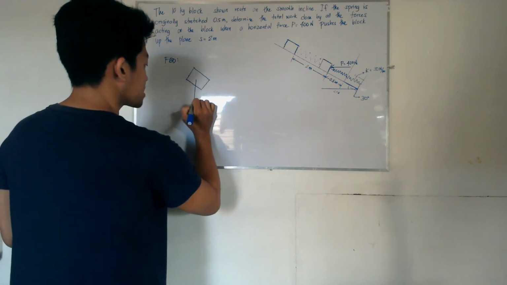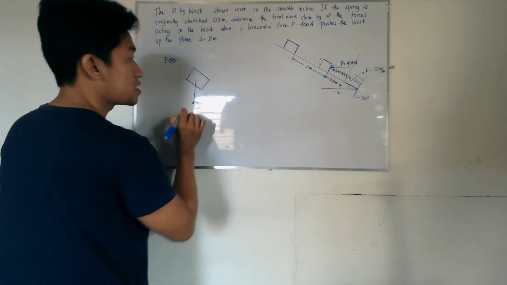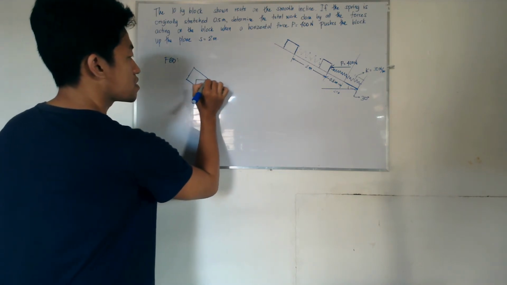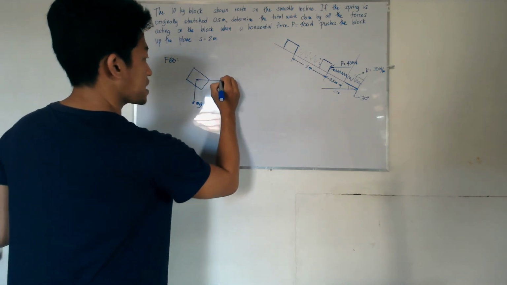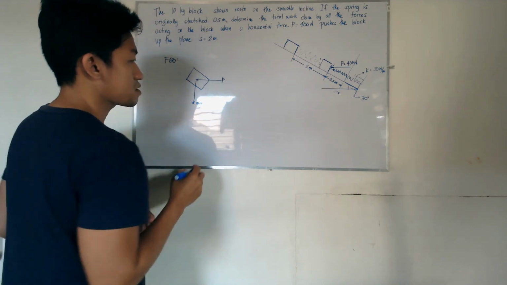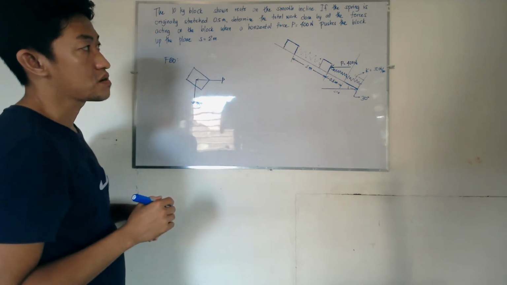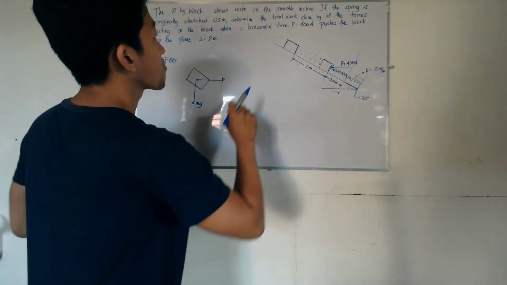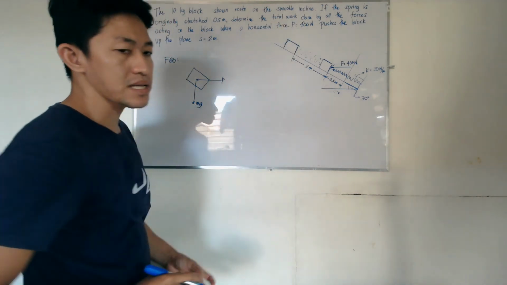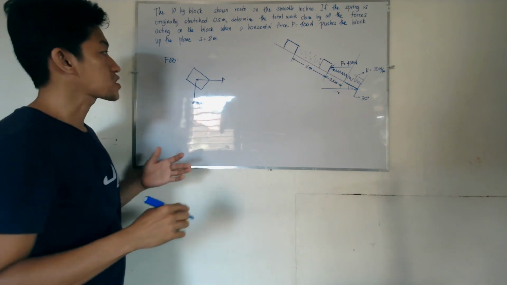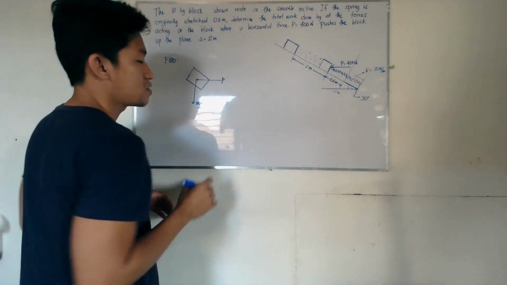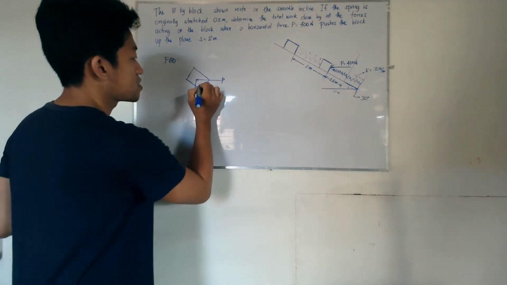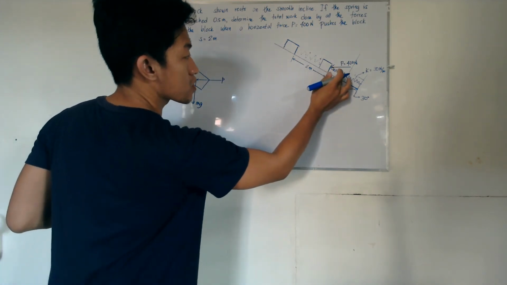First, you have weight, mg. And then you have force P. Since it is a smooth incline, meaning there are no frictional forces, so no friction.